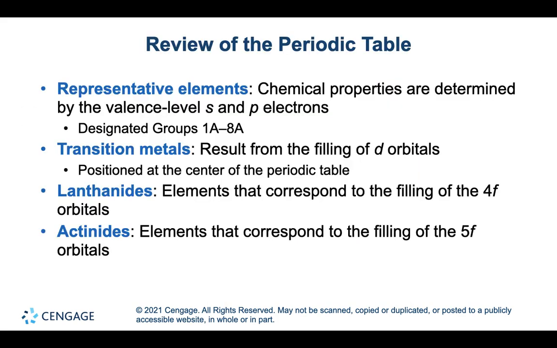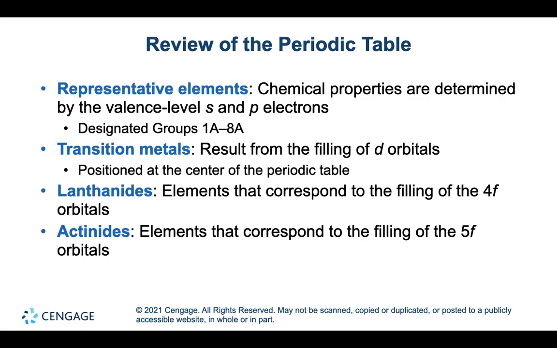So representative elements, their properties are determined mainly because their valence electrons are found in s and p orbitals, s and p sublevels. As you recall, the s and p are the only electrons that are really on the outside of the atom. They are the valence electrons.